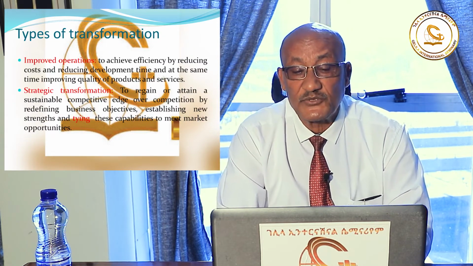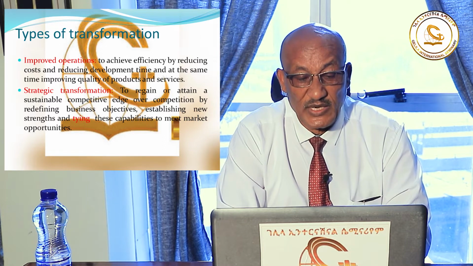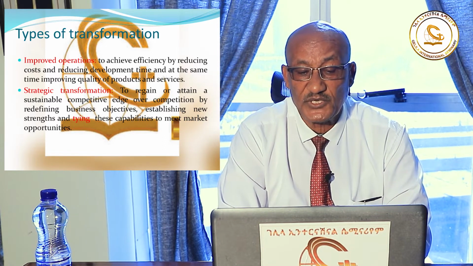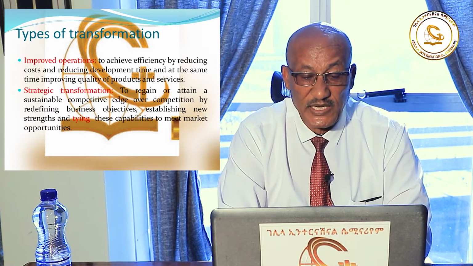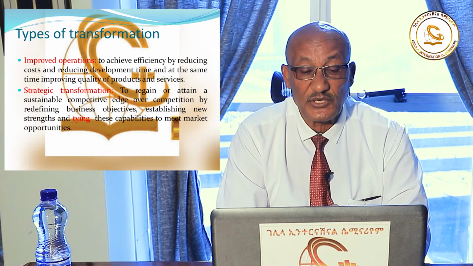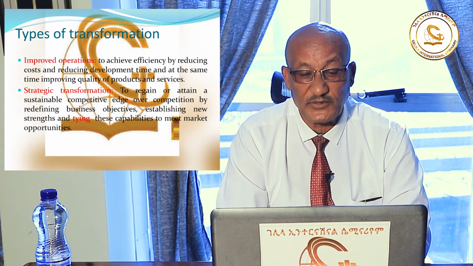What are some of the types of transformation? There are 3 types of transformation. The first one is improved operation. The second one is strategic transformation. The third point is corporate self-renewal.